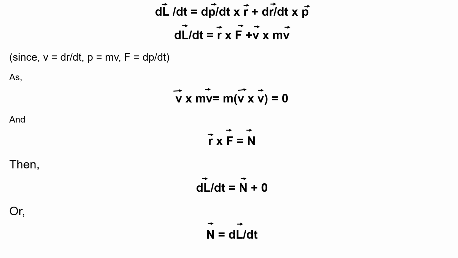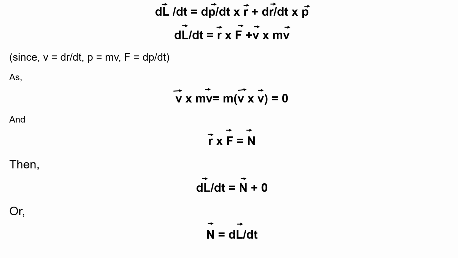We know that the cross product of two same vectors is equal to 0. Since v is equal to dr over dt and p is equal to mv, we can write v cross mv is equal to m into v cross v. I told you that v cross v is not possible for the same vectors with the cross product, so that will be equal to 0.